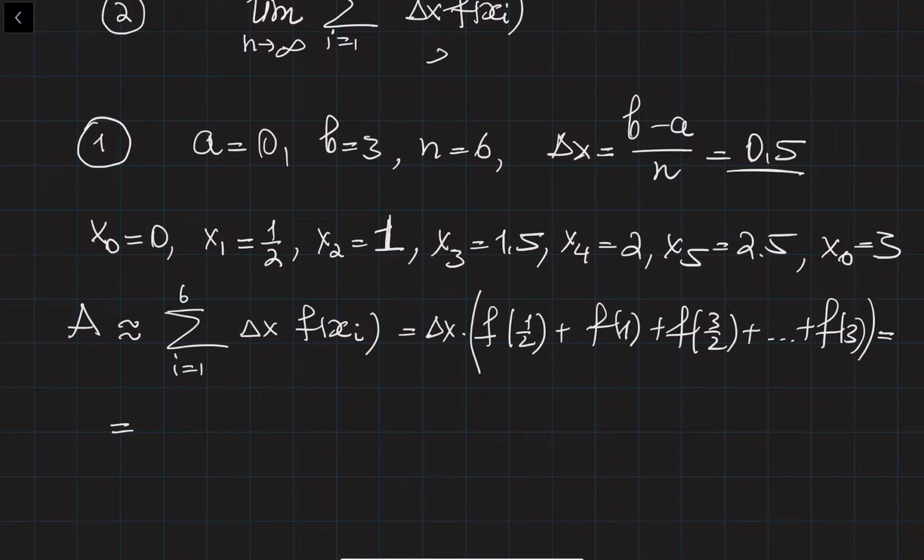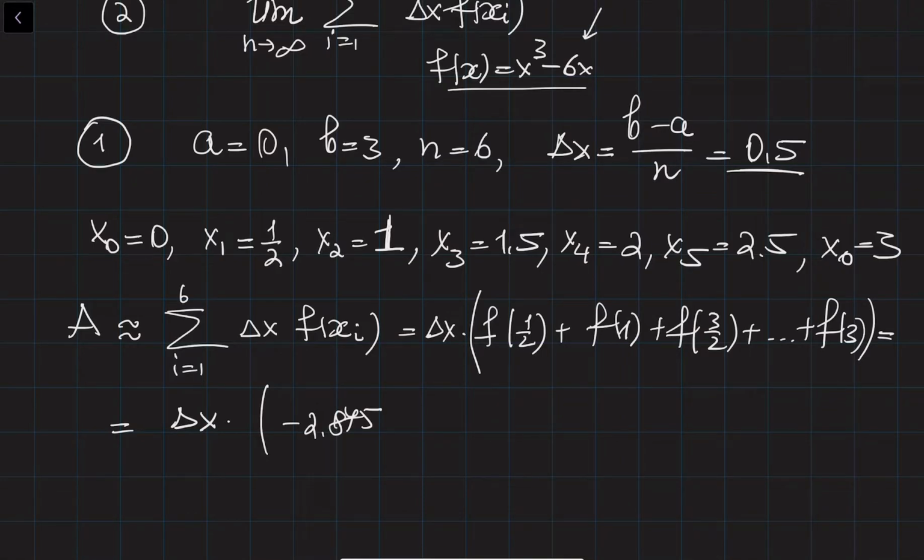So we are going to just put those values into the definition of the function. And if you remember, our function used to be x cubed minus 6x. So we need to evaluate this function at all of the 6 sample points. If you substitute 1 over 2, it is going to be equal to minus 2.875. If you substitute 1, it's going to be 1 minus 6, which is minus 5.